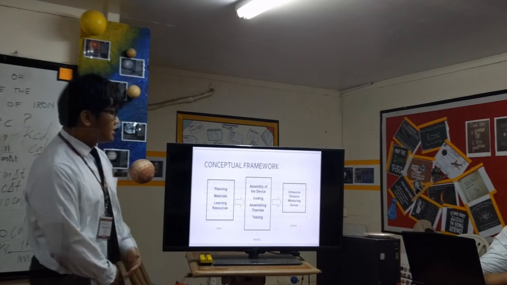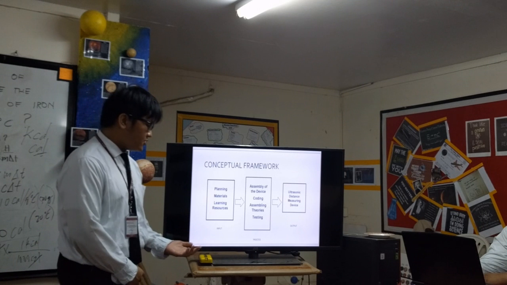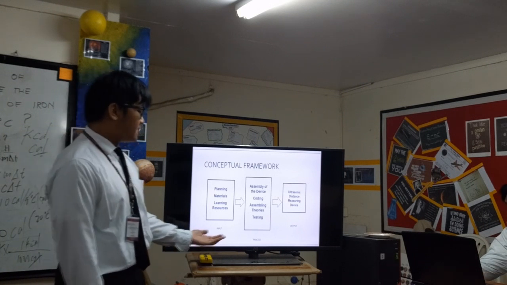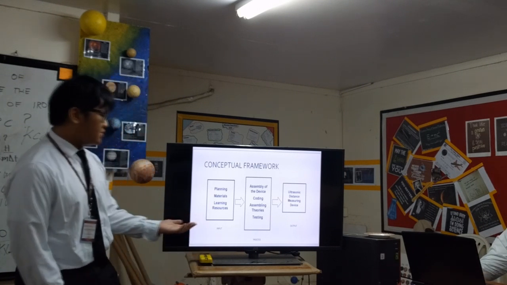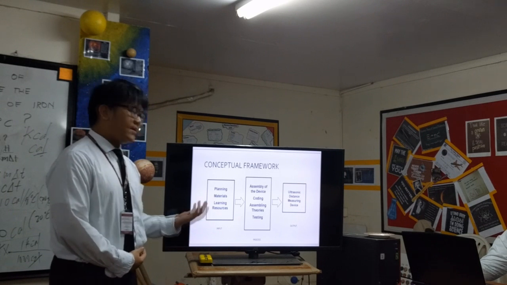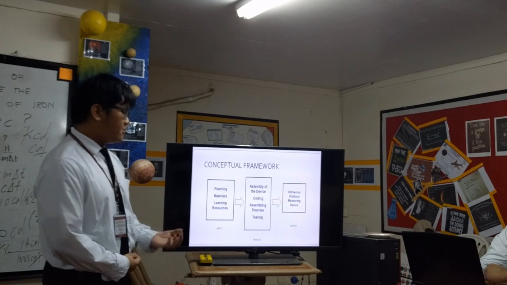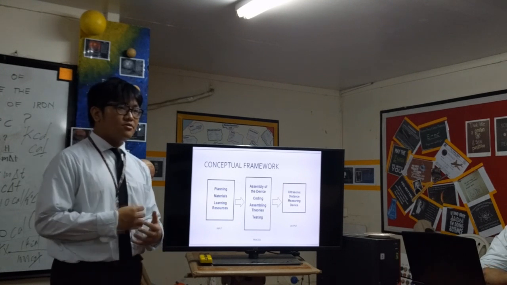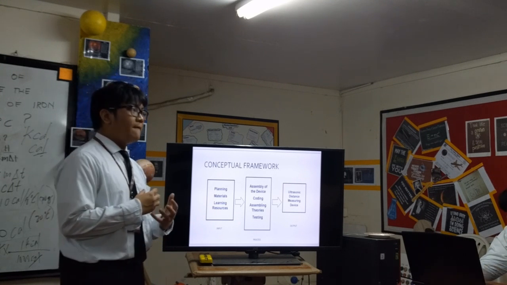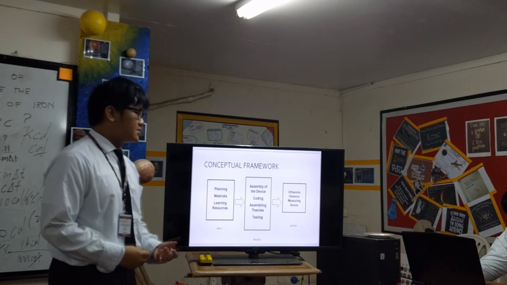So moving on, this is our conceptual framework. Here we have three parts: the input, the process, and output. In the input, or in the beginning, we need to have planning, materials or the components needed for the device, and learning resources which we will be using in order to create the device.